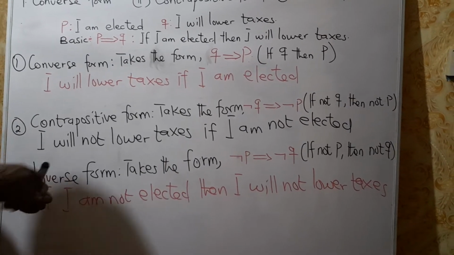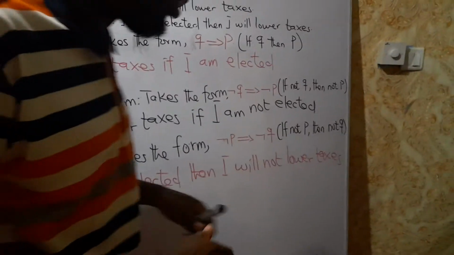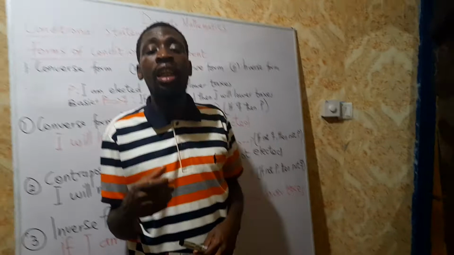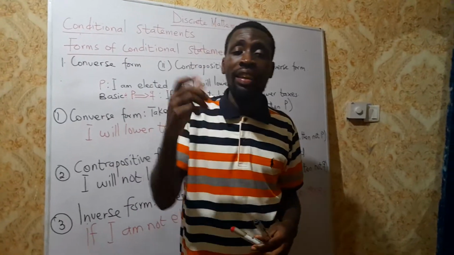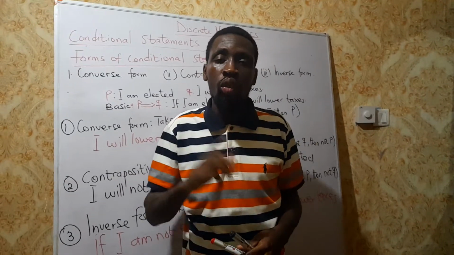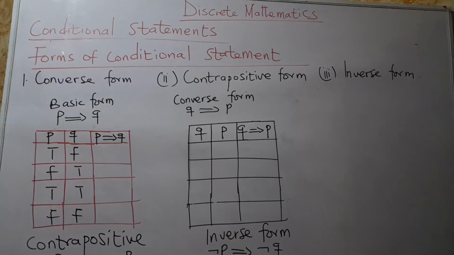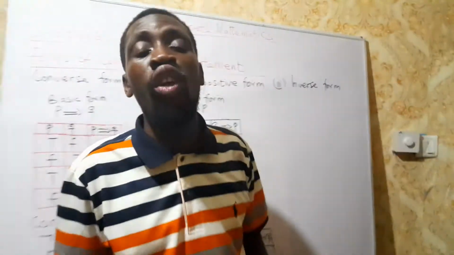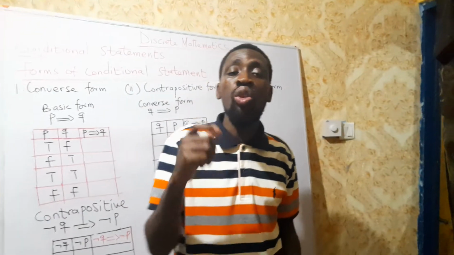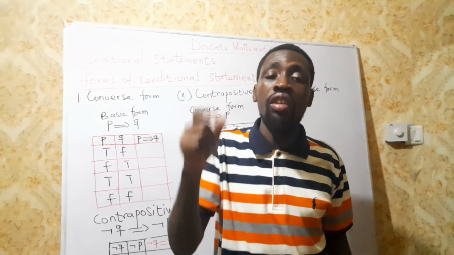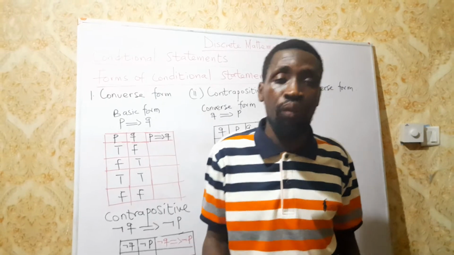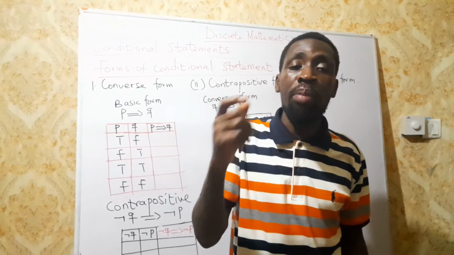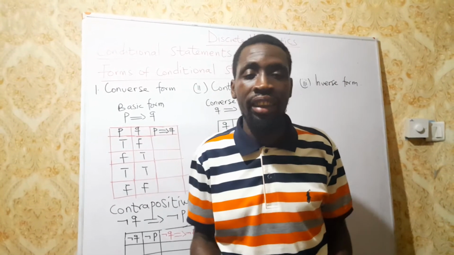Now, we'll look at the truth table for all the 3 forms and see which of them is the same or equivalent to the basic form. And that provides the basis for validity.